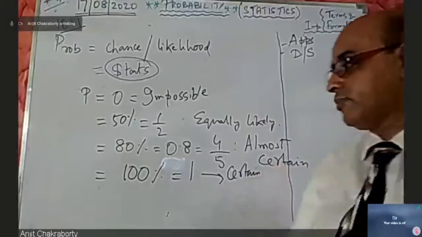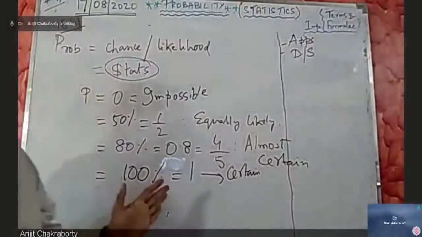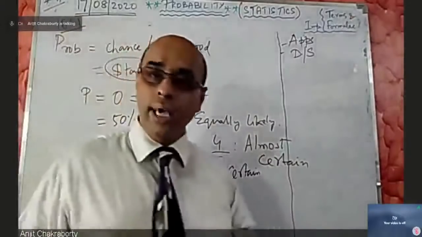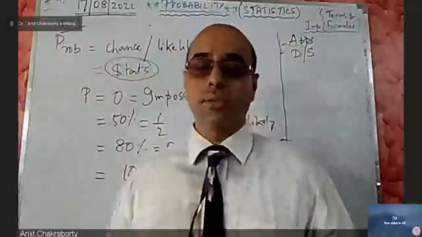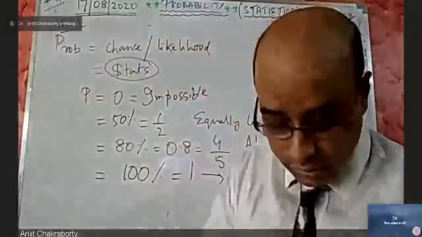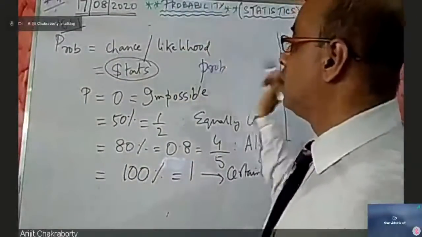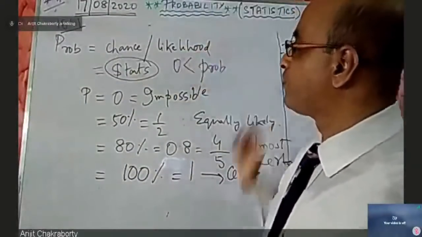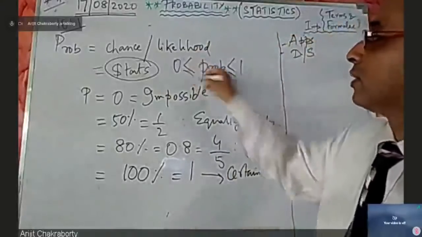So dear students, dear friends, you can see the lowest value of probability. Why I am taking this example is to show you that the lowest value of probability will be 0, and it has to be less than or equal to 1.